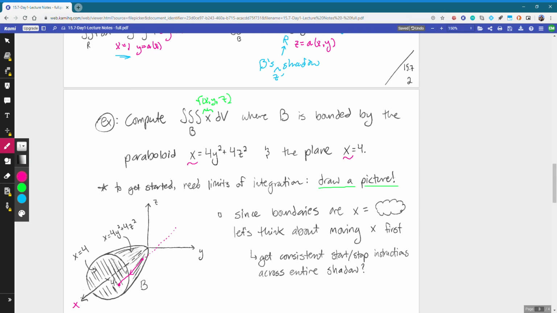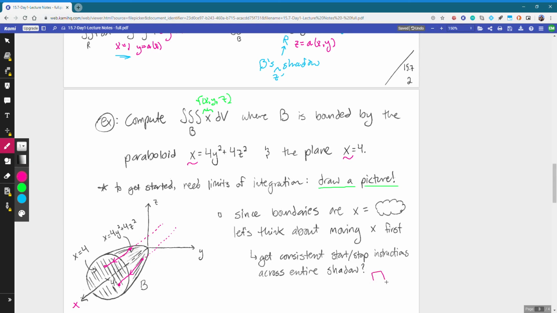And so the question is, well, does this always happen? Let's maybe pick a different starting point behind here. If we start here and move in the x direction, we're going to blink, come in at the paraboloid, and then move through in the x direction, and then pop out on the x equals 4 side. And I think because of the symmetry of what's going on, hopefully it's reasonable that yes, we're going to consistently start at our paraboloid and stop at our plane as we move in the x direction.